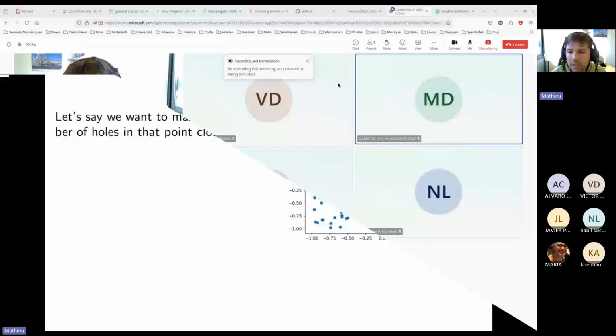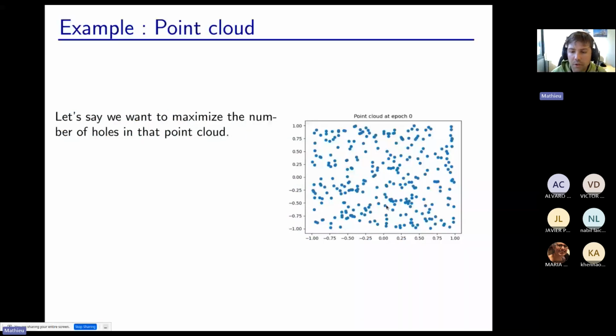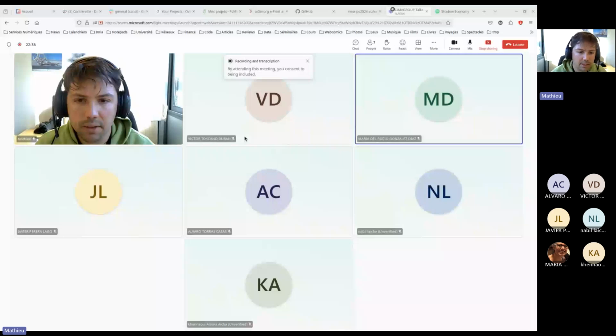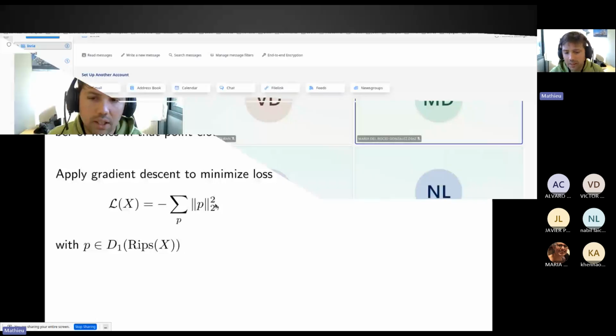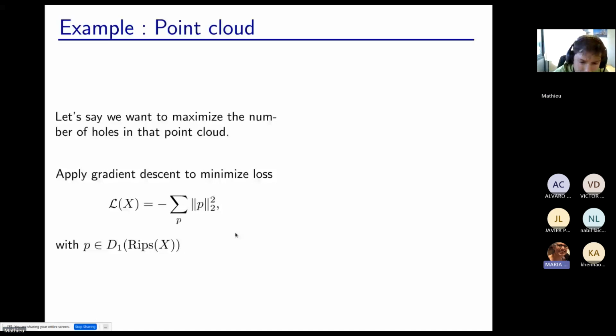Assume you want to optimize the position of those points so that the number of holes, or one-dimensional cycles, is maximized. Then you can apply as a loss the opposite of the distance of the points to the diagonal, because if you minimize this, you will push the points away from the diagonal.